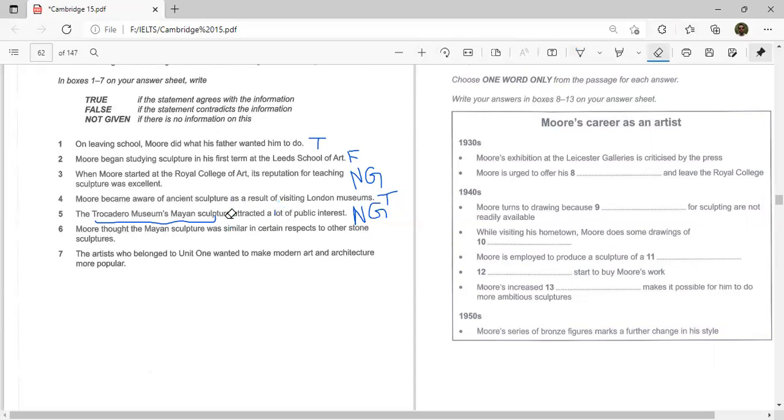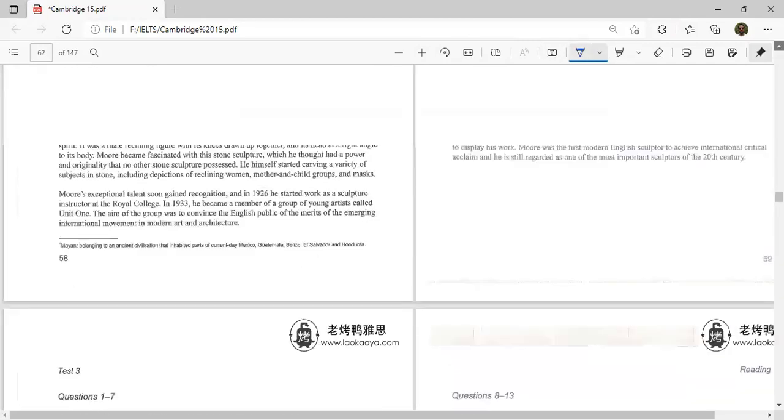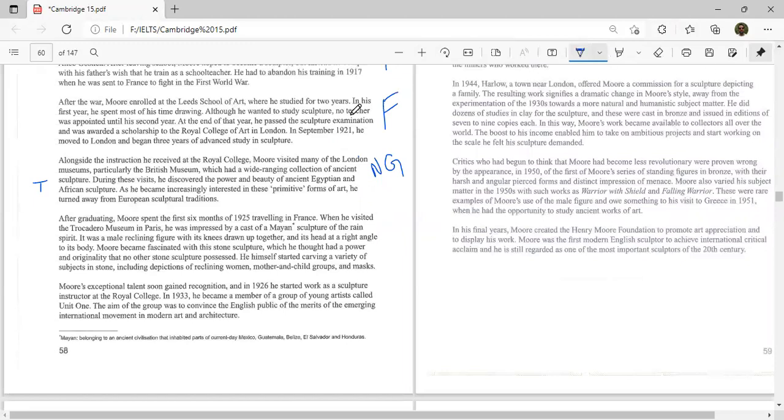Moret thought the Mayan sculpture was similar in certain respects to other stone sculpture. Mayan sculpture is the keyword, which he thought similar to other stone sculptures. All right, let's go and locate here.